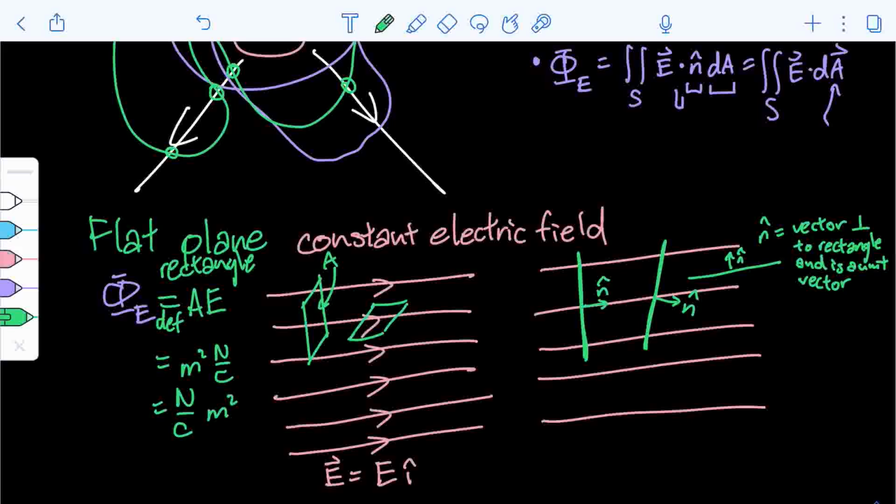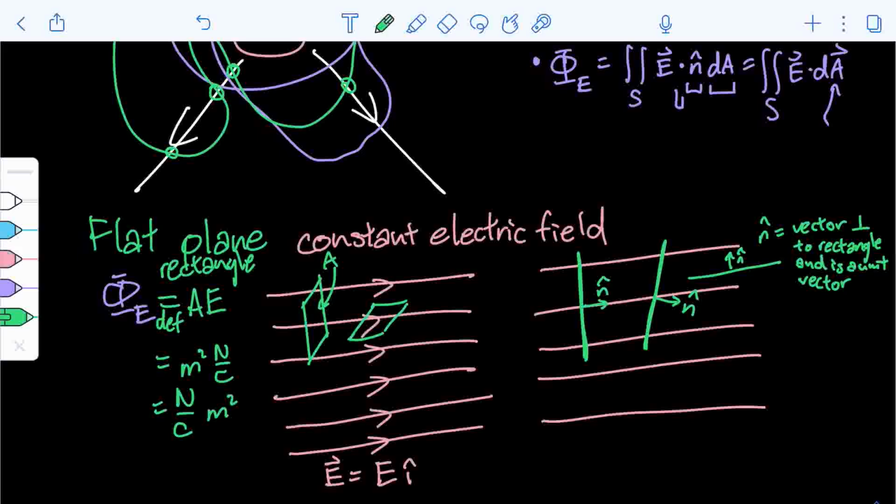And if no electric field is going through, then we should get that the electric flux is going to be 0.